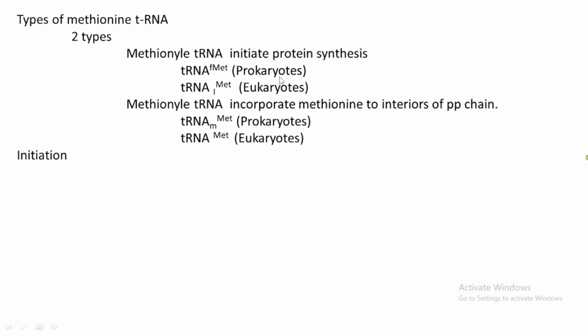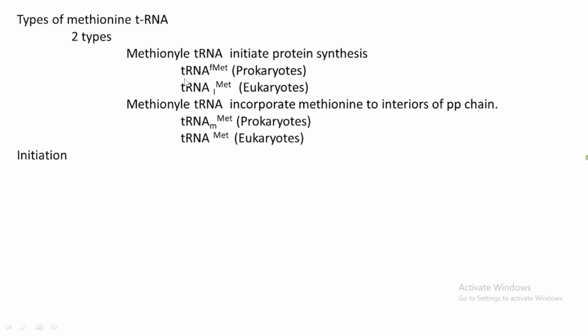In prokaryotes, the methionine tRNA that initiates protein synthesis is tRNA-F met, and in eukaryotes, it is tRNA-I met.